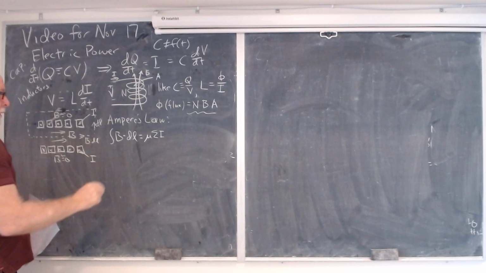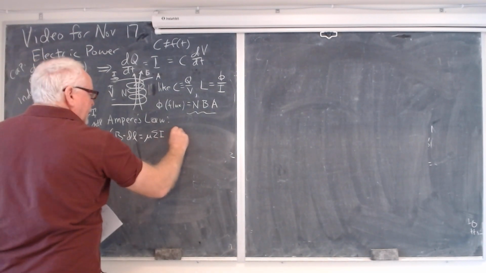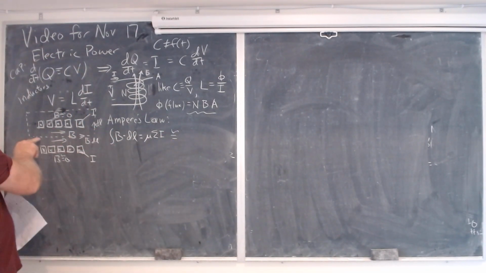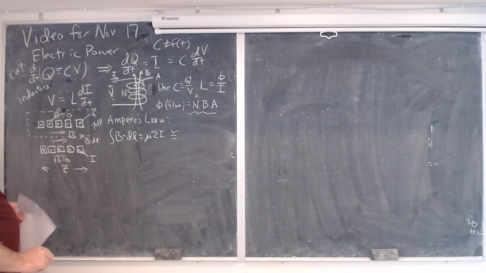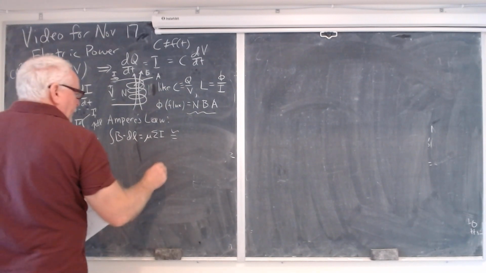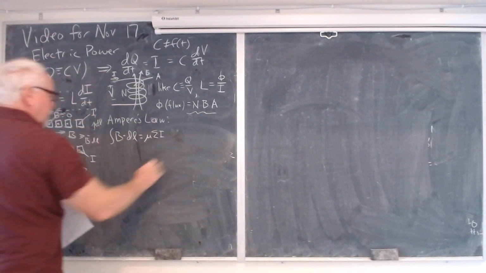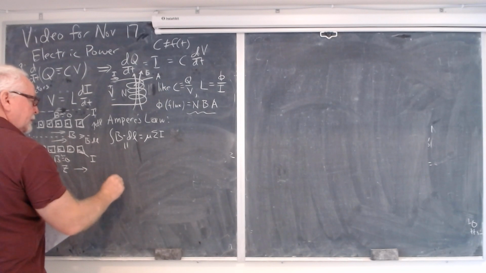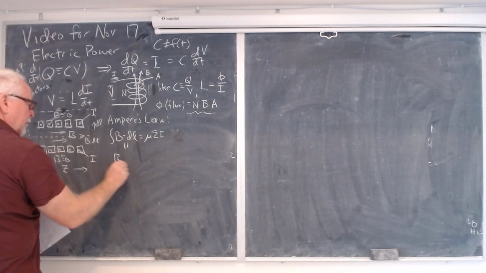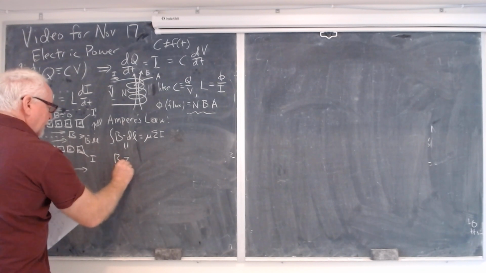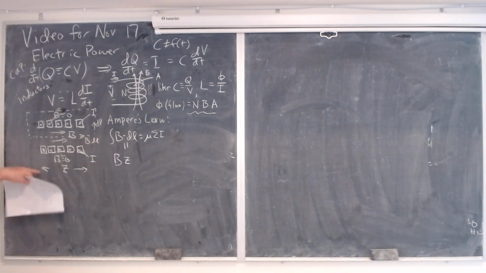All right, so what that means is that the integral of B dot dl is approximately equal to just the part inside the coil, which we're going to say is a length Z. So B dot dl is simply B times Z, where Z is the length of the coil.